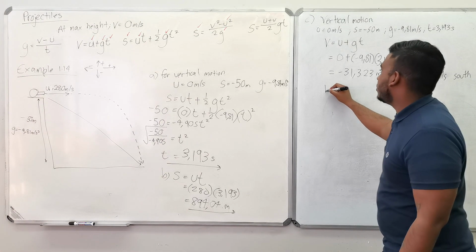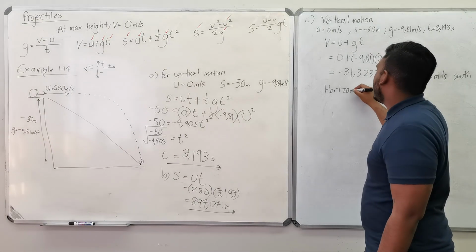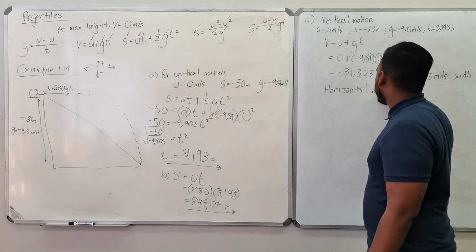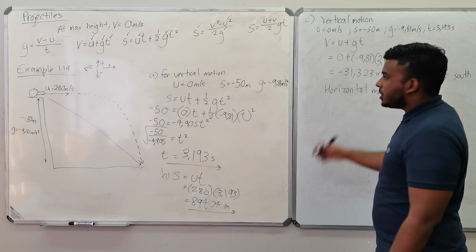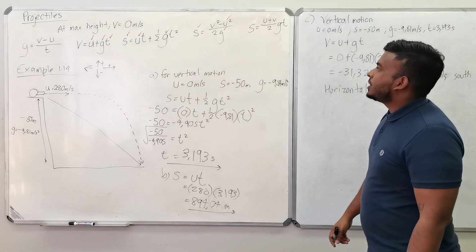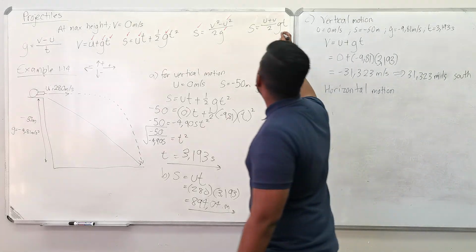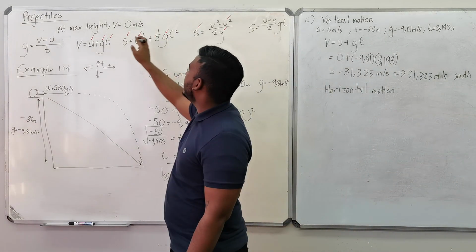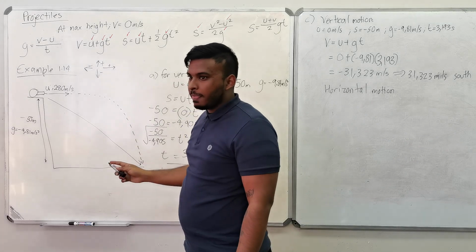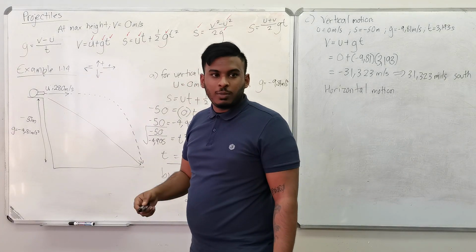Let's do horizontal motion. You see how all of these formulas have gravity, gravity, gravity? What's the gravity on your horizontal component? Zero.